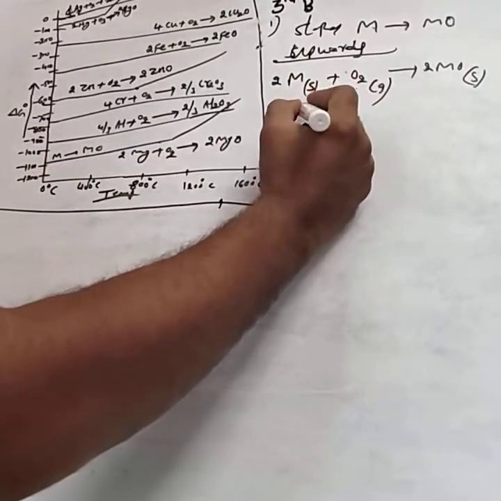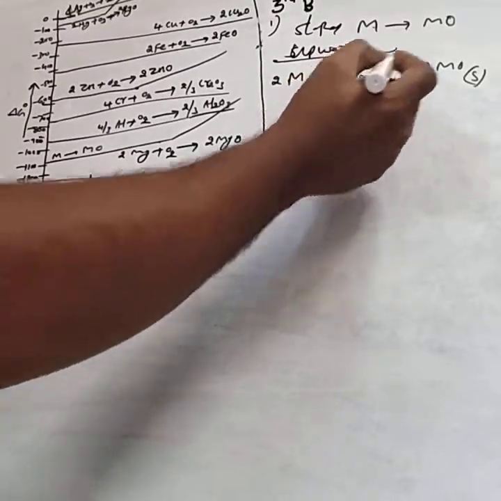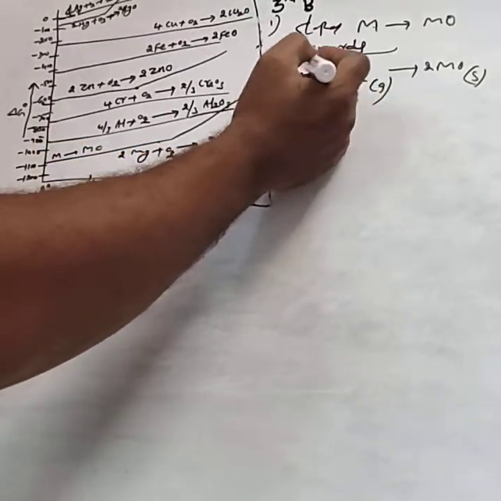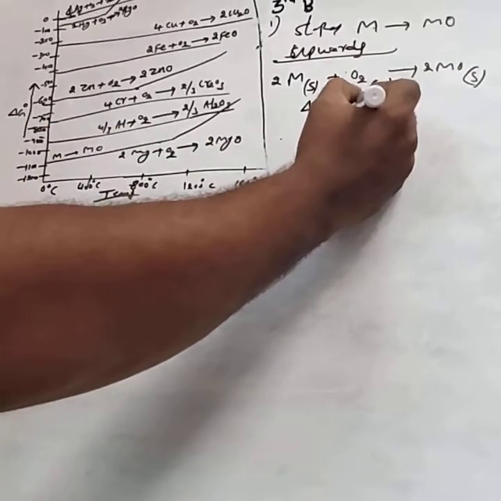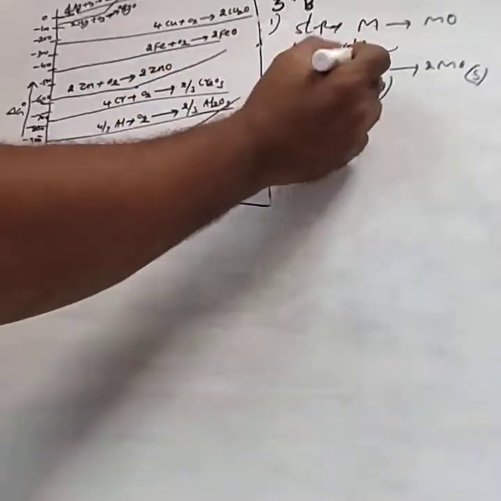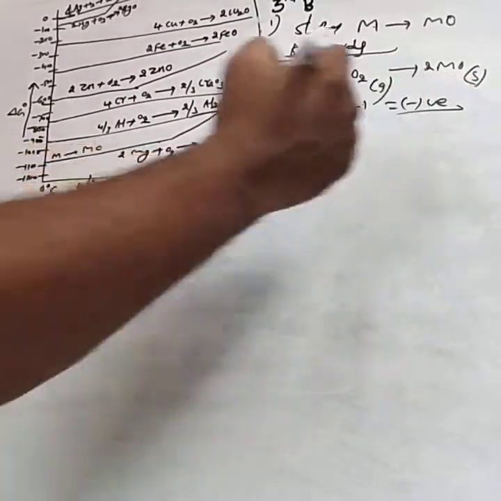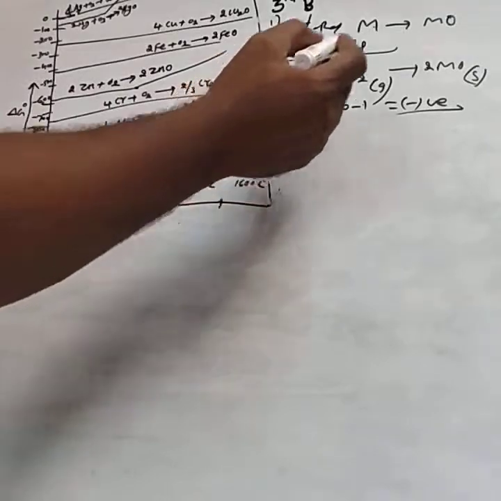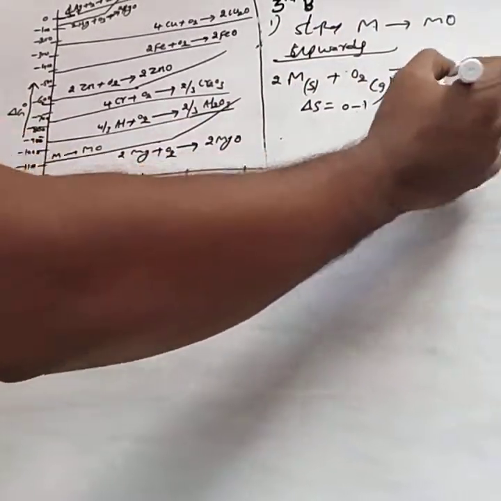Hence delta S, the change in entropy, products minus reactants, is 0 moles of gas minus 1 gaseous reactant. Hence delta S is negative. That is, when metal is converted into metal oxide, delta S decreases or is negative.